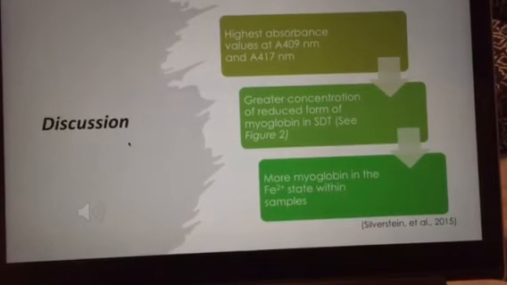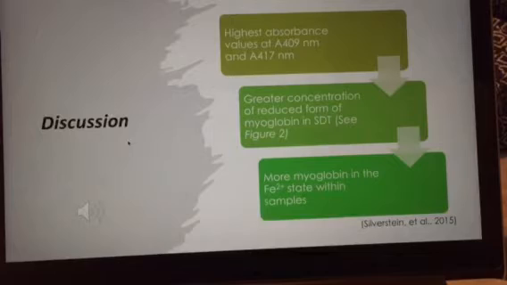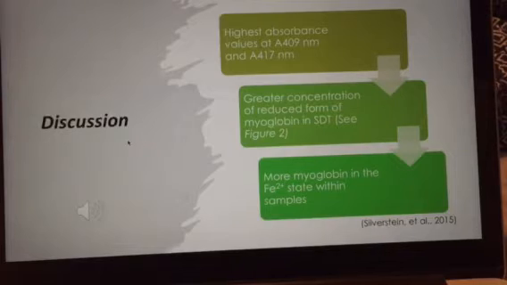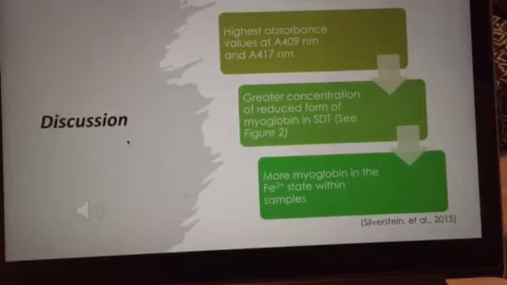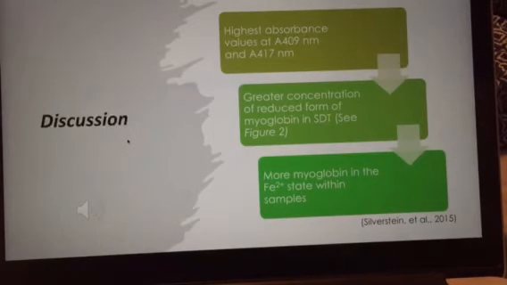So that brings us to the discussion of the results. Essentially, what the results showed is that potassium ferrocyanide acts as an oxidizing agent, while the sodium dithionite acted as a reducing agent. And this correlates with the data, where you see the highest wavelength for potassium ferrocyanide at 409 nanometers, which is known from past research to be where the peak is when iron is in the oxidized form.